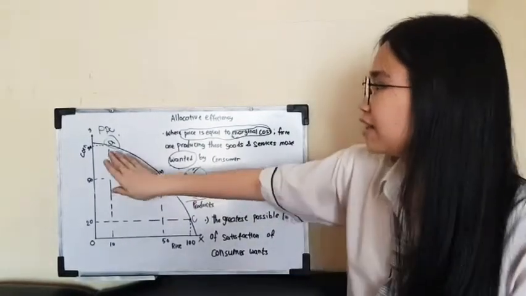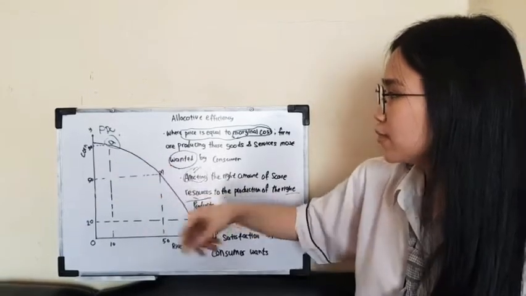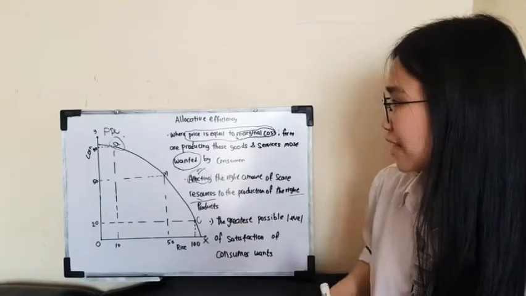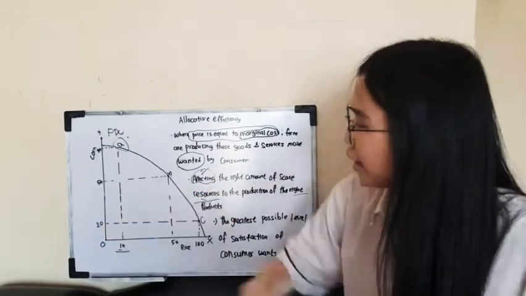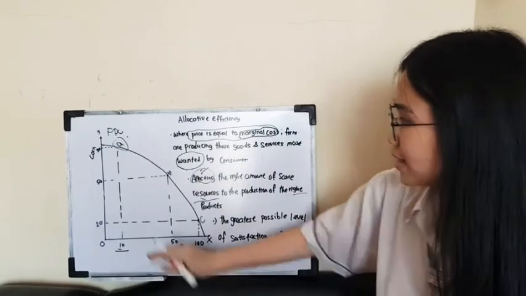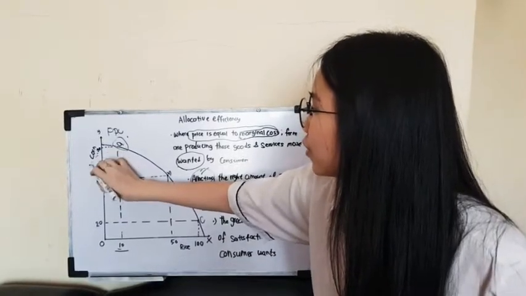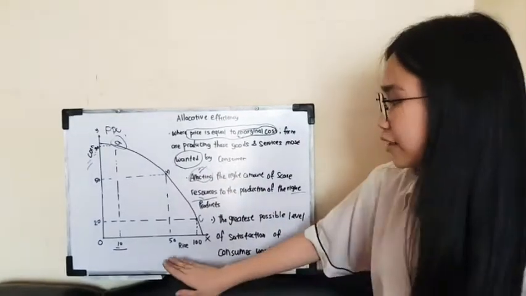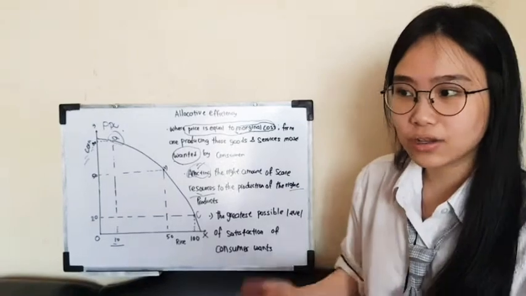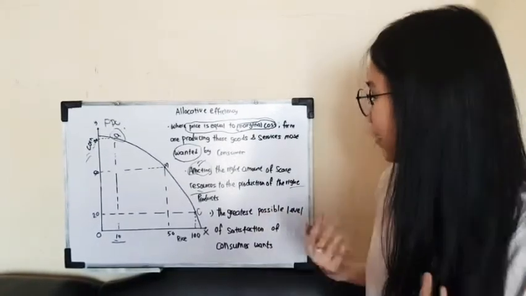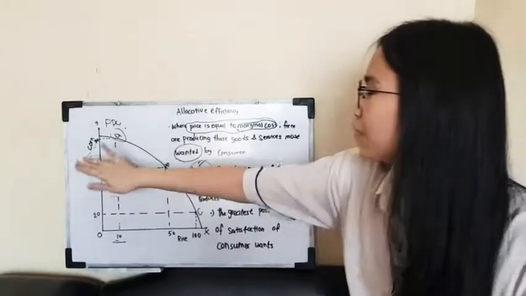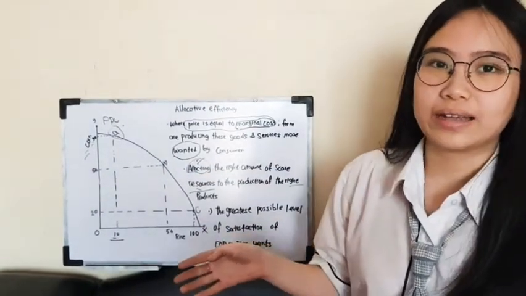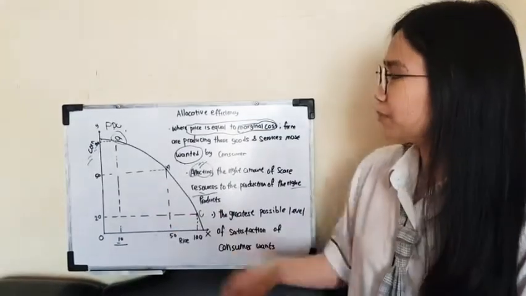It is because too many resources are put into corn, but too few resources are put into rice, so in the end we only have 10 outputs for rice and too much output, which is 90, for corn. This way the consumers' satisfaction for rice will be very low, as they don't have enough rice to feel satisfied. But for the corn, it is maybe too much production, which can cause a waste of corn.